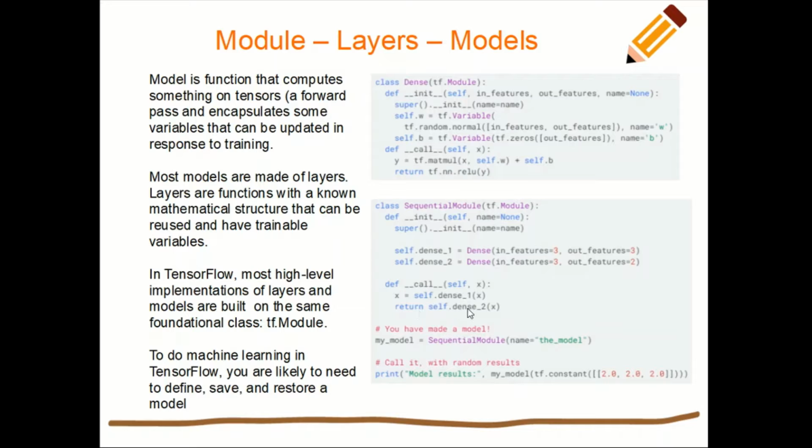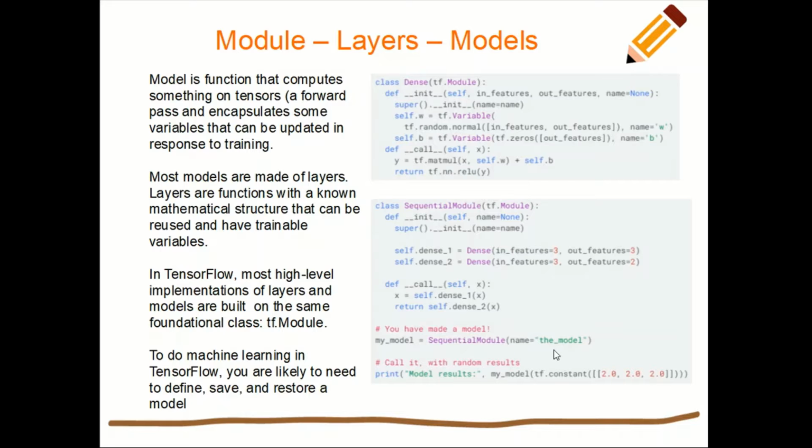So what does it mean? The calculation in this case is that we are giving an input through a series of layers, and then the final output is something that we are returning here. Okay, and in order to conduct this calculation using a module, we are instantiating the sequential module.